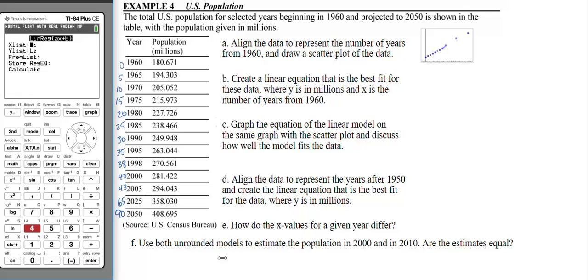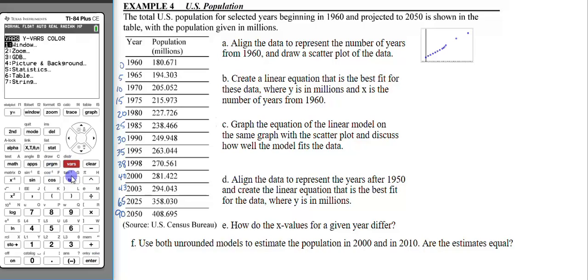List 1 and list 2, we already have our data in those lists, so that's fine. Go ahead and store the regression equation. Even if it's not telling you to, you may end up needing it later, so it's best to go ahead and do that.